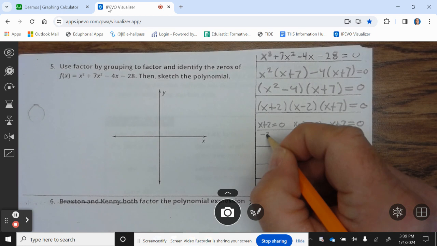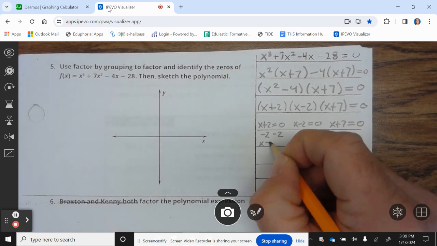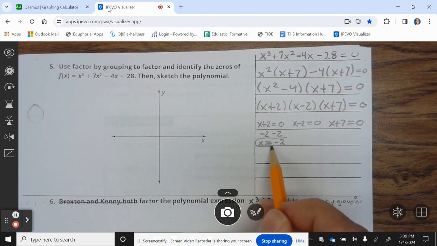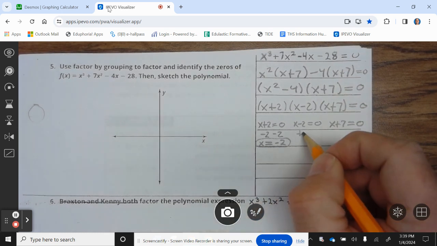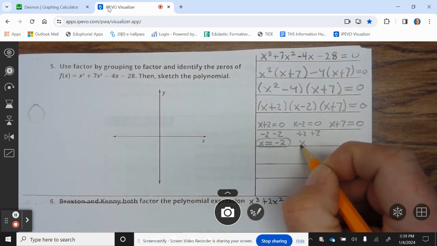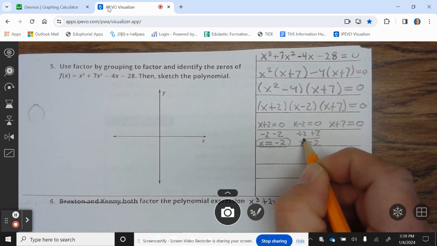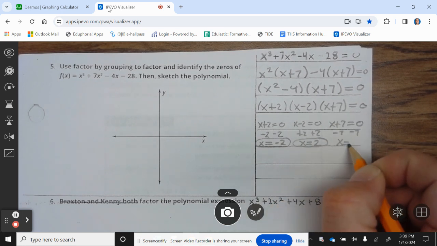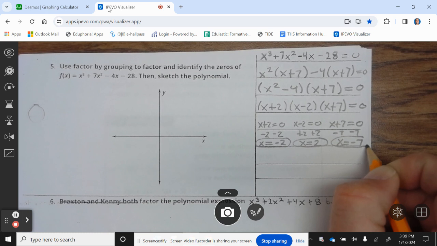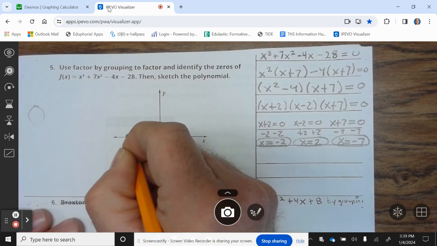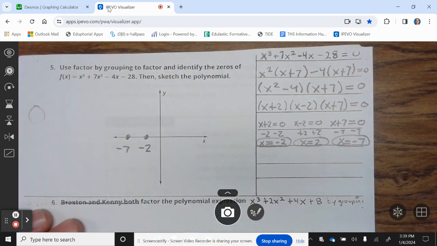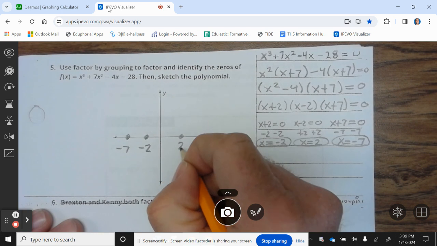So we subtract 2 from both sides, you get x equals negative 2. We add 2 to both sides, you get x equals 2. And subtract 7 from both sides, you get x equals negative 7. So negative 7, negative 2, and 2.